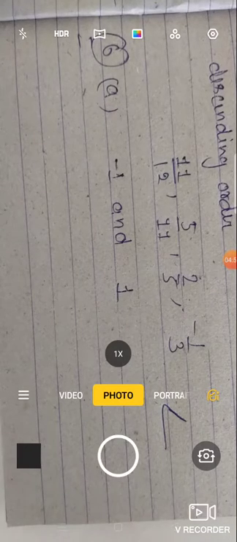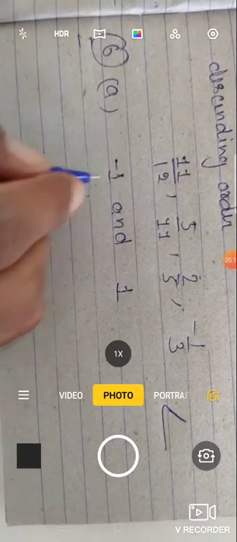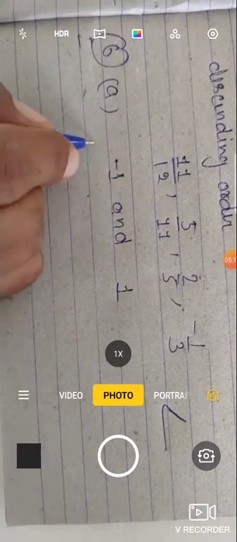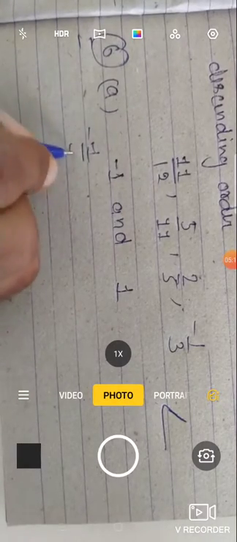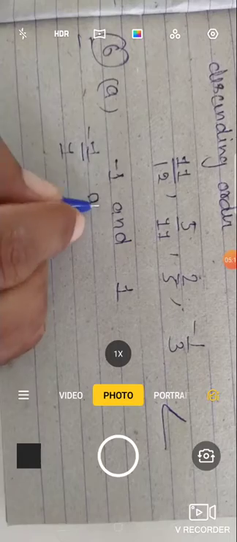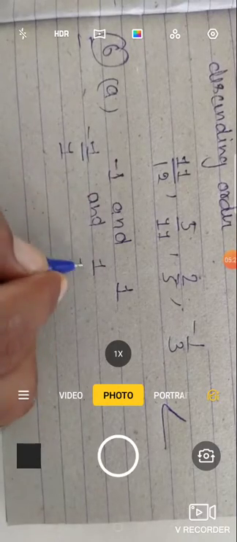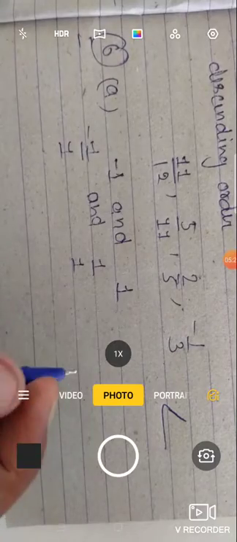So we know that -1/1 and 1/1. So we want to equalize the denominators using the LCM between these two.